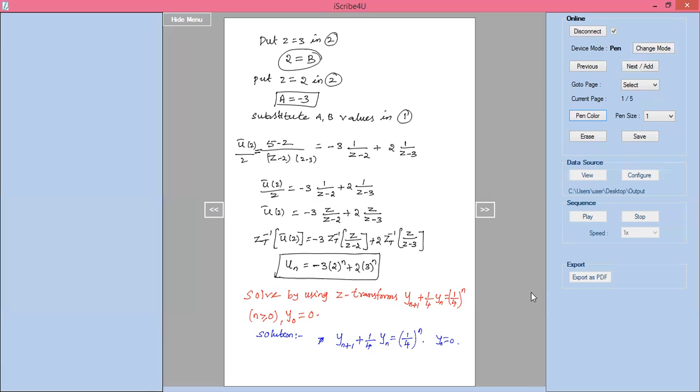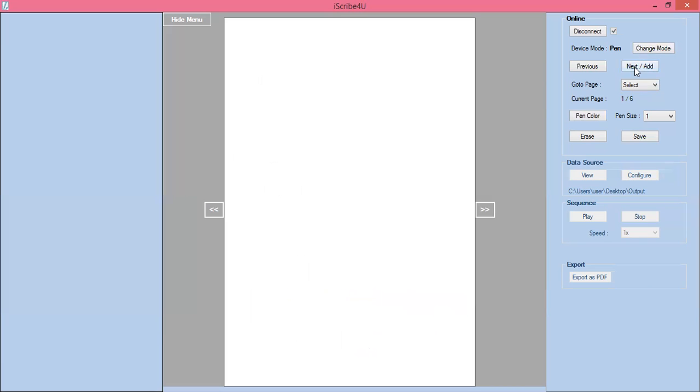Z transform of y(n+1) plus 1/4 into Z transform of y(n) equal to Z transform of (1/4)^n.